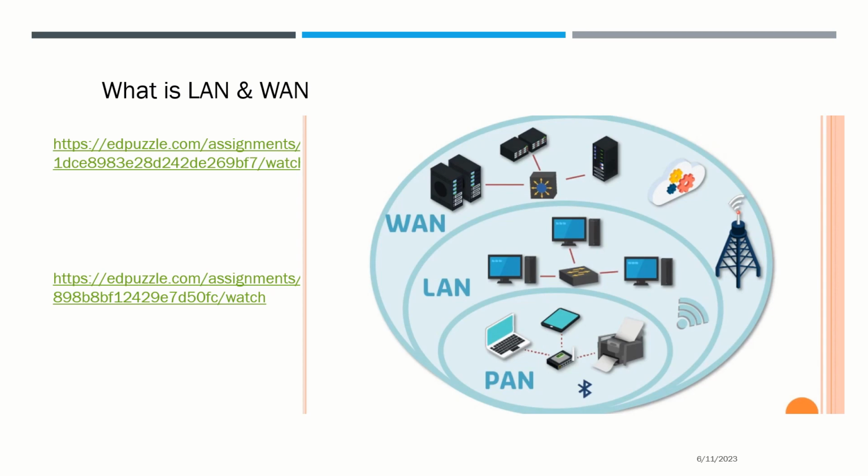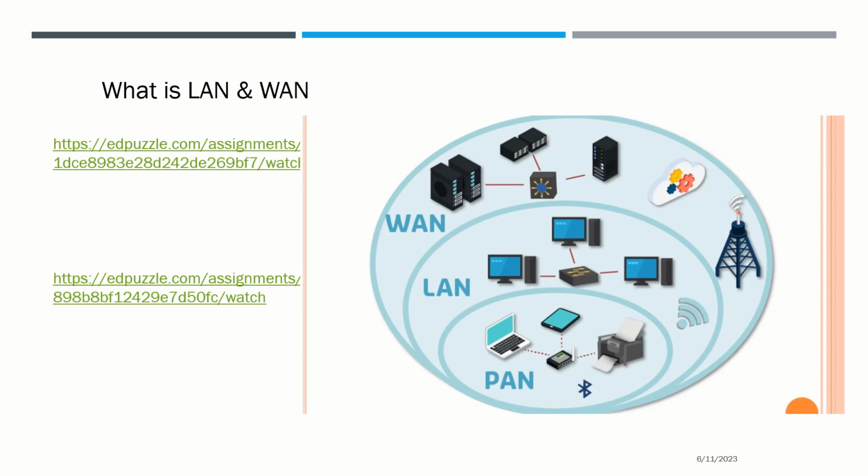Apart from LAN and WAN, there is another one which is PAN, meaning personal area network. It contains all the personal devices that are connected. For example, your laptop is connected with your phone, or your laptop is connected with the hard disk or printer, this is called PAN.